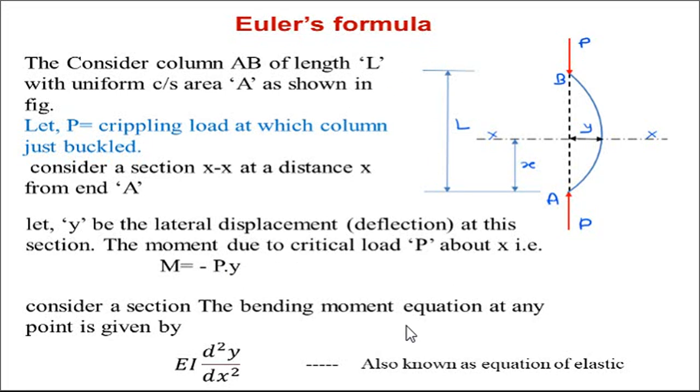The bending moment equation at any point is given by, as we already know, EI into d2y divided by dx square at any section throughout the length of the column. This is the bending moment equation at any given point.